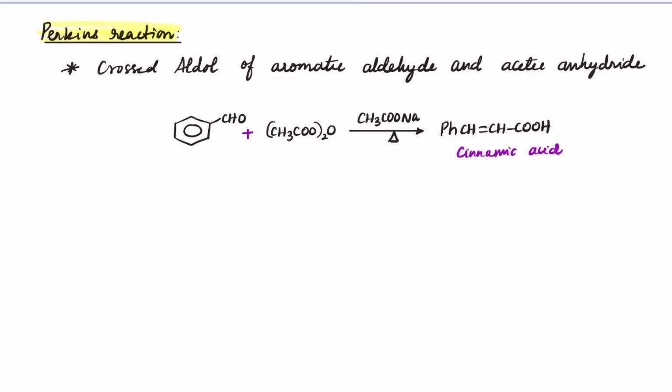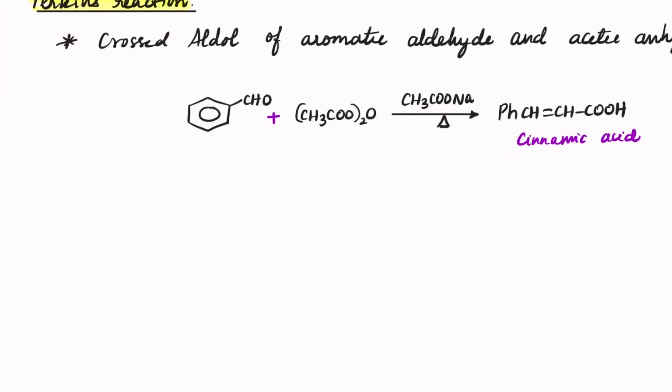Well, how do we get that? Notice the mechanism one by one here. We will have CH3COO minus treated with H-CH2-C double bond O, O-C double bond O-CH3, which is an anhydride. So this CO minus will take H plus.